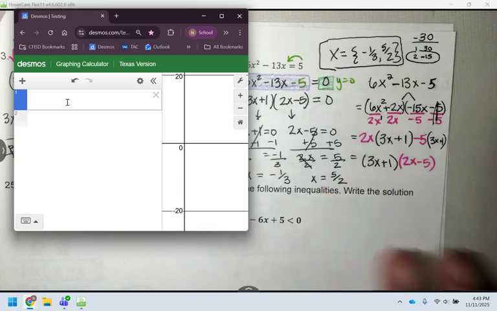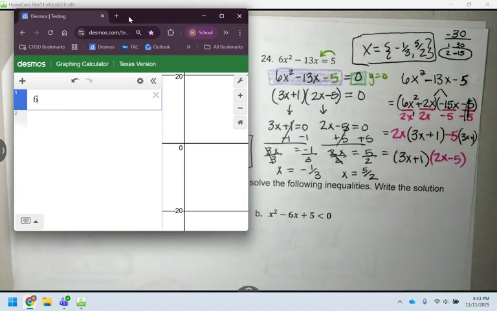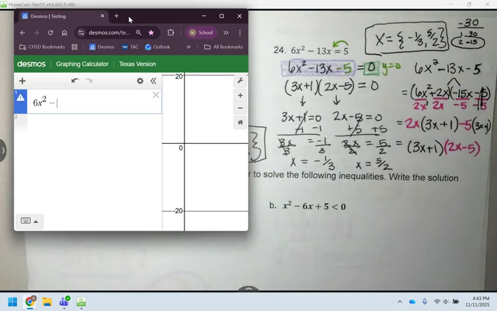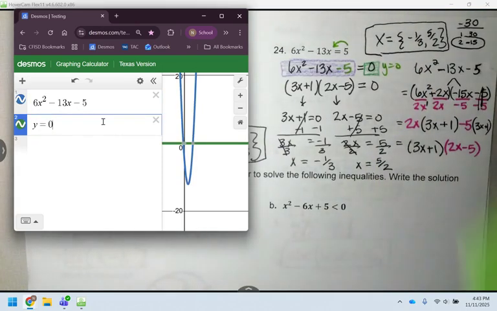All right, line 1, 6x squared minus 13x minus 5, y equals 0.